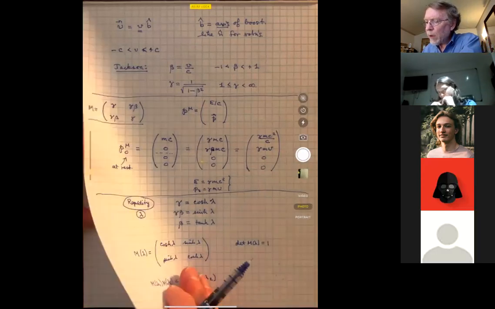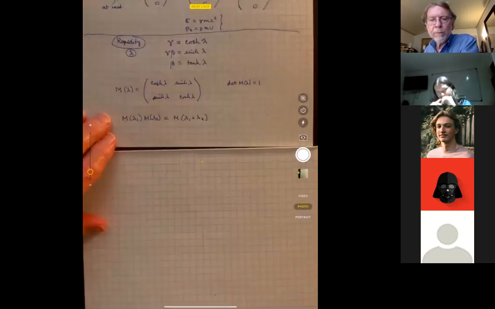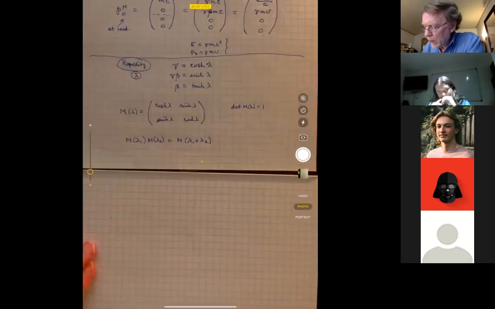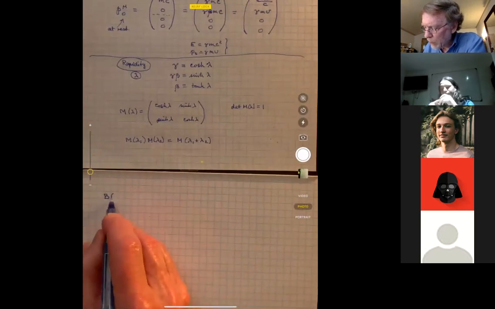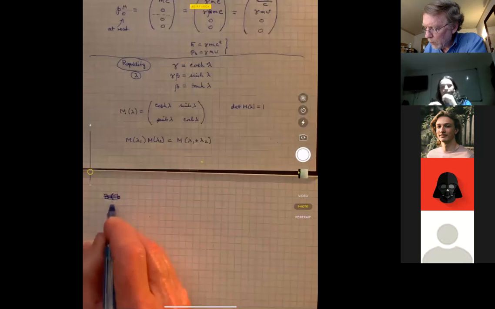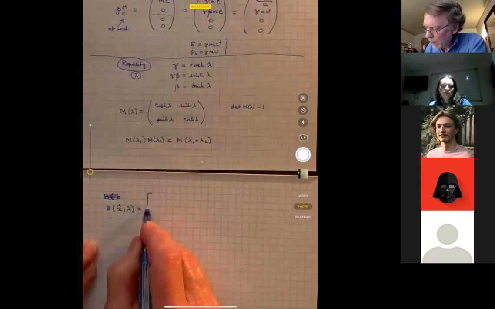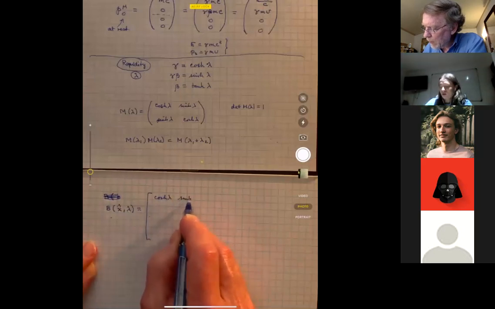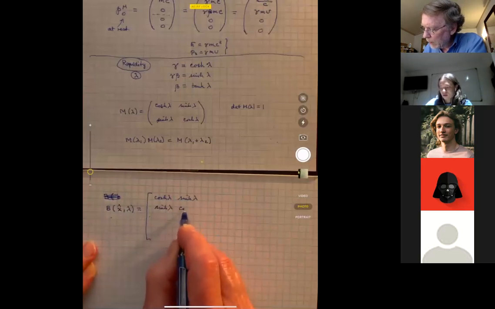Now, based on what I've said, it's pretty easy to write down the 4x4 boost matrix for boosting down the x-axis. Let me call it B, which stands for boost, just like R stands for rotation. We're going to make it going down the x-axis with a rapidity lambda. And what is the matrix? Well, it's cosh lambda here, sinh lambda there, sinh lambda here, cosh lambda there.